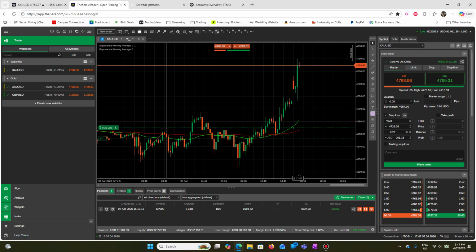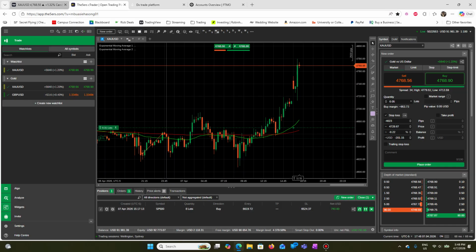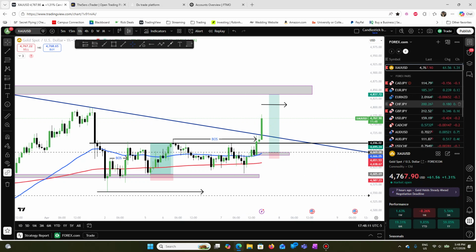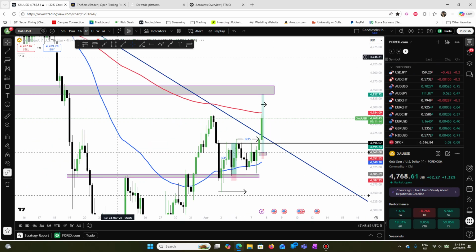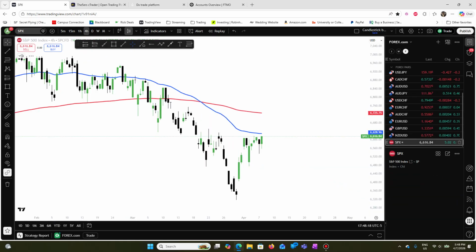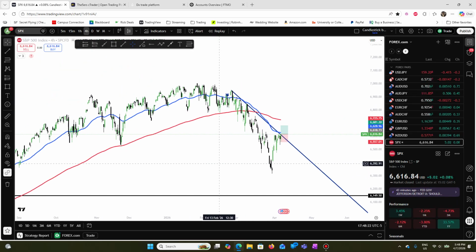But as you can see, currently I am in the S&P 500 buy trade, and we're up 700, which is good. How we got into this trade is, for the past couple of weeks, if you go to our S&P, let's put this on the 4 hour, the market has been falling.